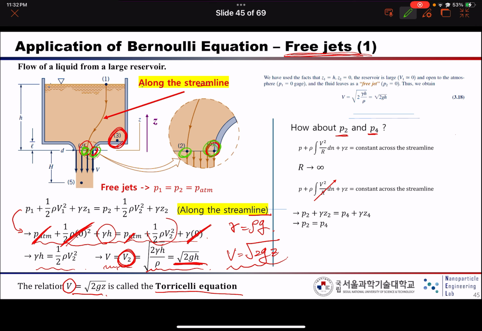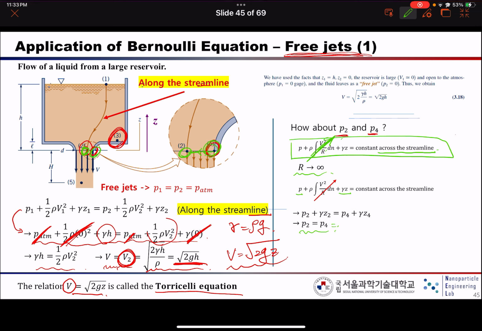So this is across the streamline, and this is normal, right? So we should use this equation. But the curvature radius becomes infinity, so the second term we can remove, leaving p plus gamma z, which means that p2 equals p4.